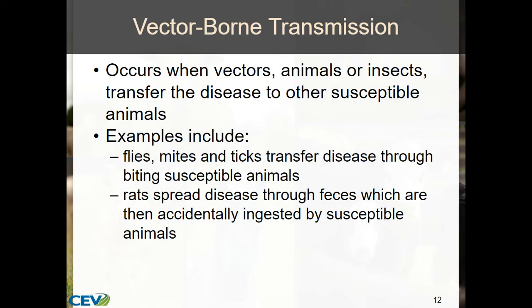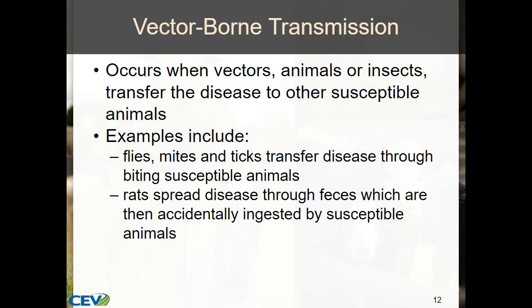Vector-borne transmission is the last major category. Vector-borne transmission occurs when vectors, which are animals or insects, transfer the disease to another animal. Typically speaking, vector species carry the disease, but they don't get sick themselves. So, for example, malaria is a vector borne disease. Mosquitoes carry malaria.